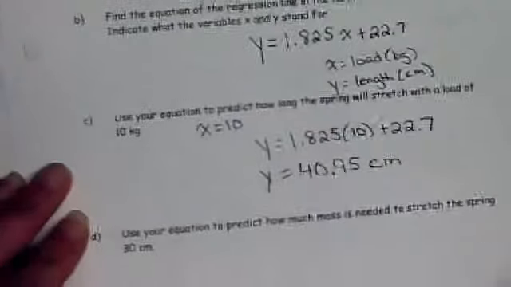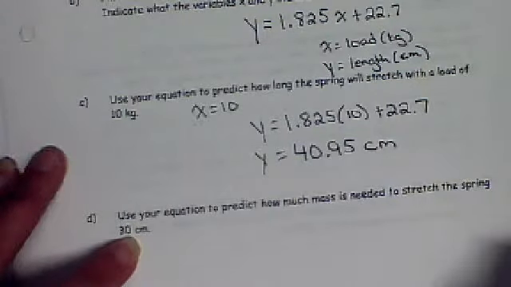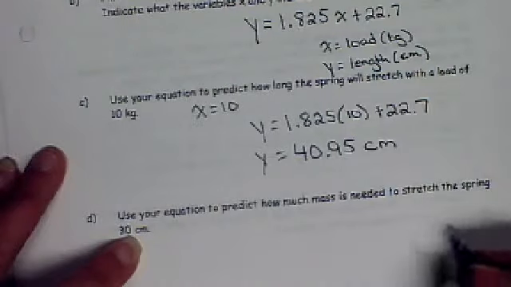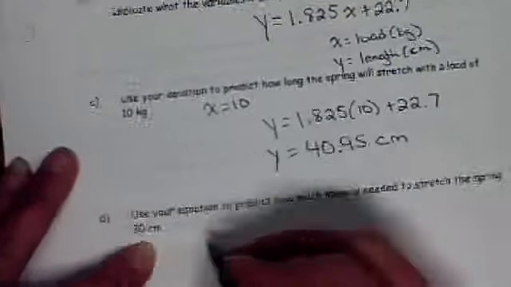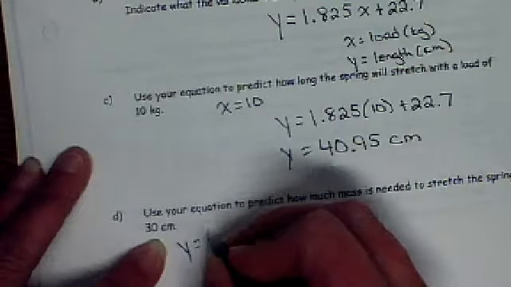That's centimeters. You can also use the equation to predict how much mass or weight is needed to stretch the spring a certain distance. So if we have a certain length, that's going to be a Y value of 30.